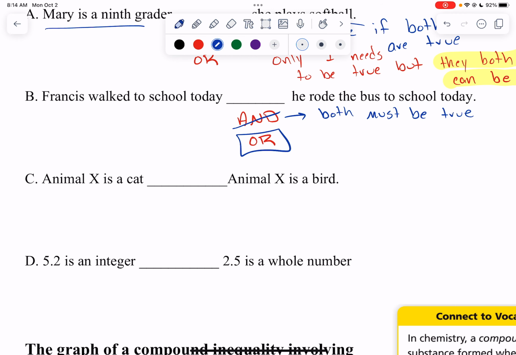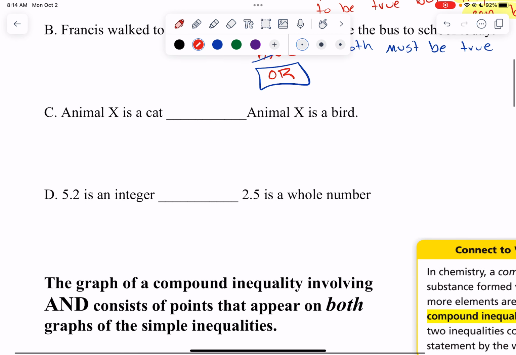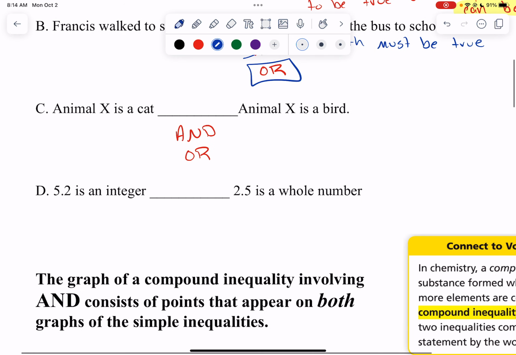Okay. Animal X is a cat. Animal X is a bird. Now let's look. And or. Which one's a better fit? Okay, for and, again, both must be true. Now we have to ask ourselves, are there any animals that can be both a cat and a bird?